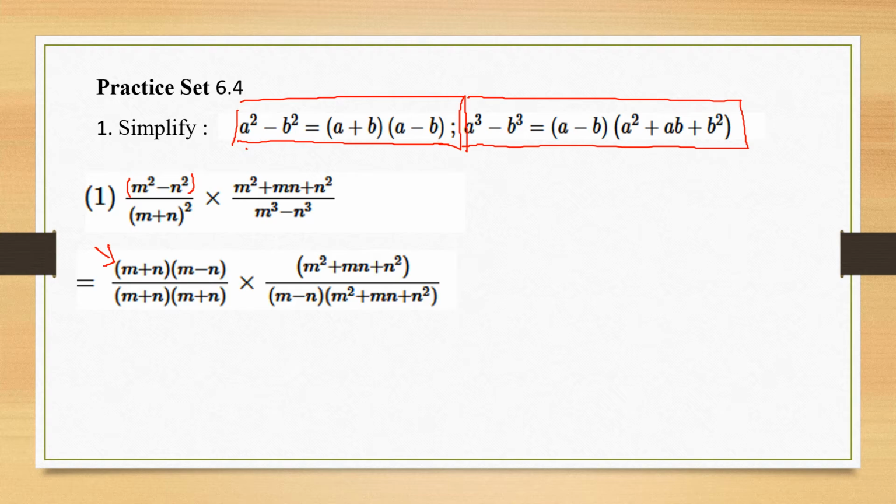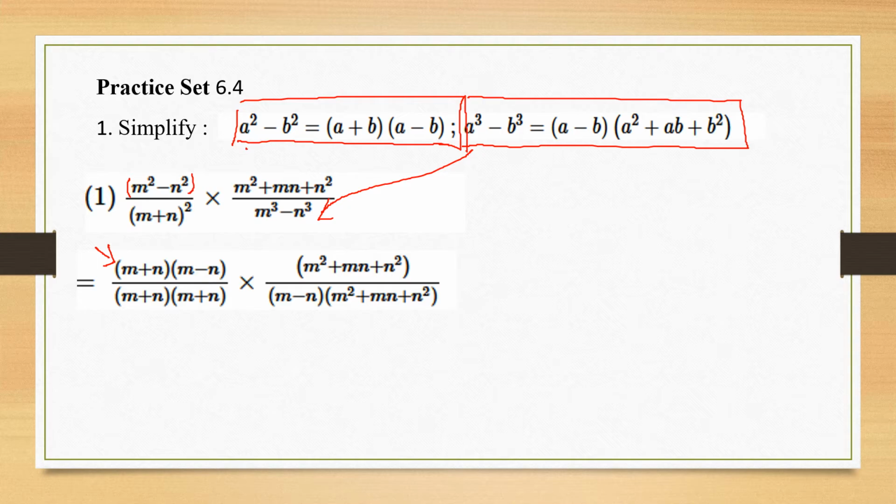The other expression, m squared plus mn plus n squared, we'll write as it is. In the denominator, it is m cube minus n cube, so we'll use the a cube minus b cube formula and expand this. This becomes (m minus n)(m squared plus mn plus n squared).